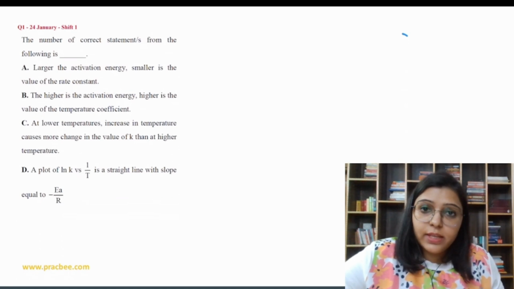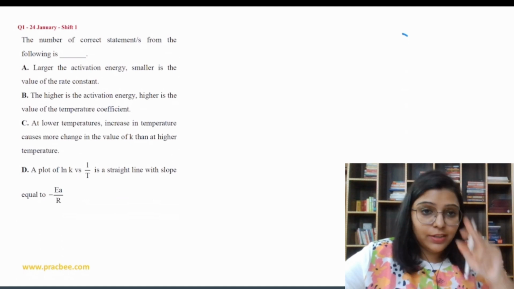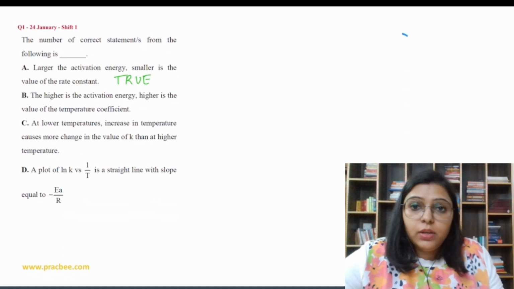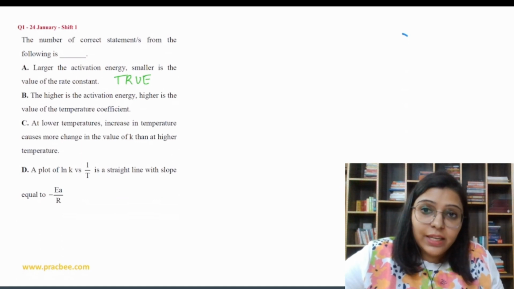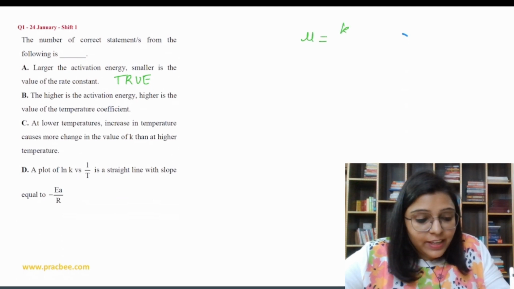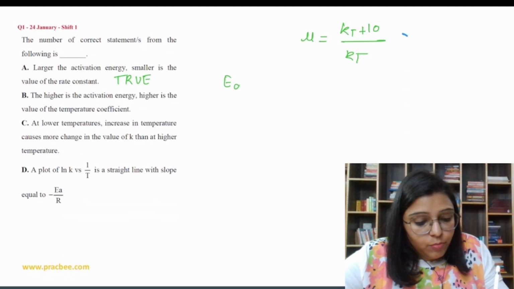Okay. Now on the basis of the same thing, let's do the next question. The number of correct statements from the following. Larger the activation energy, smaller is the value of rate constant. In the above question, I have proved this. So this is true. Higher is the activation energy, higher is the value of temperature coefficient. Yes. What is the temperature coefficient? K(T+10) upon K(T). So if we have more activation energy, the K value is less.